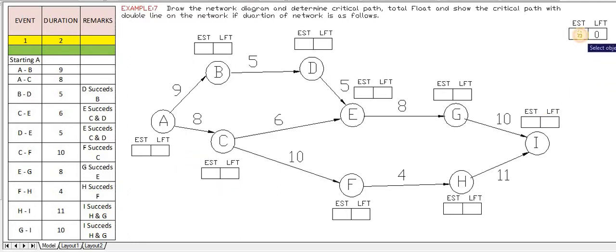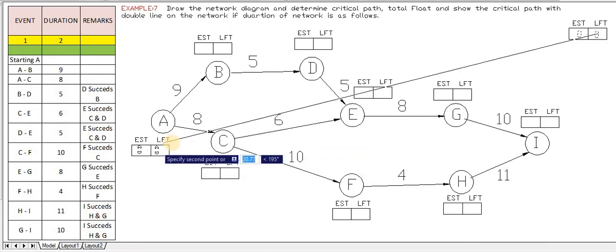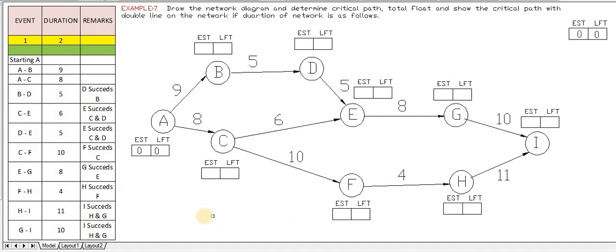First point will be same for both. So the starting point will be same and the ending point will be same. Okay, so 0, 0 is the starting point, earliest starting time, latest finish time. In the same way the end point will also be the same. Okay, so we will start from A to B. While calculating EST we have to see the arrow heads also.